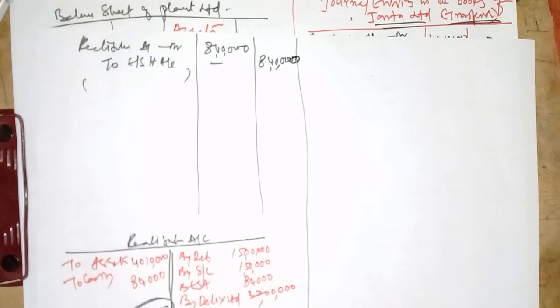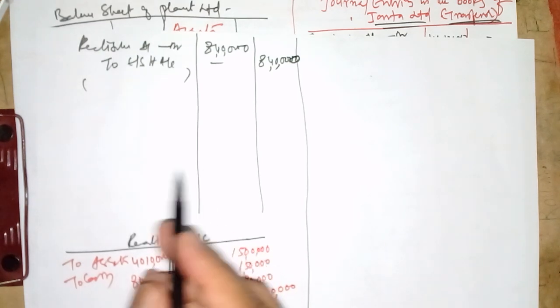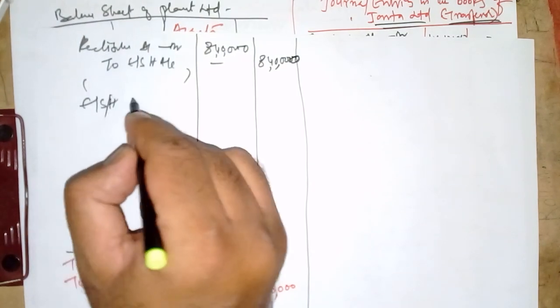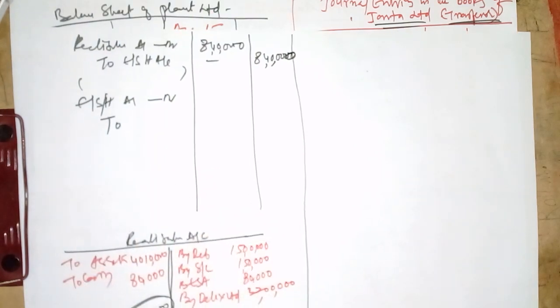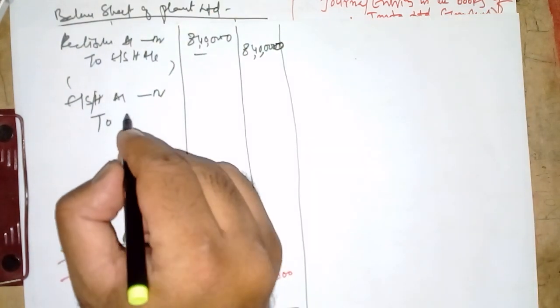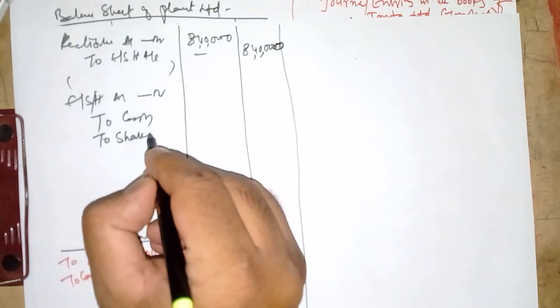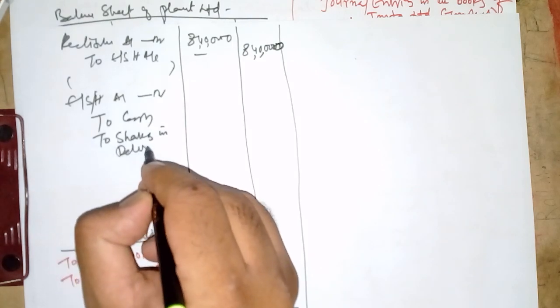Once this realization profit entry is written, the next entry is payment to equity shareholders. We don't have any fictitious losses, then payment to equity shareholders. So the entry would be equity shareholders account debit to what we are paying, the same PC values, that is cash and shares in Deluxe Limited.